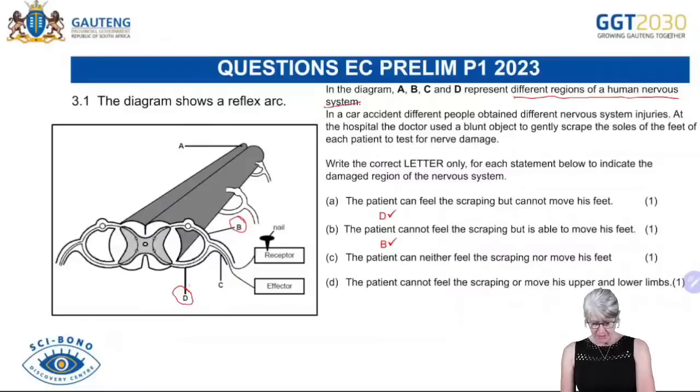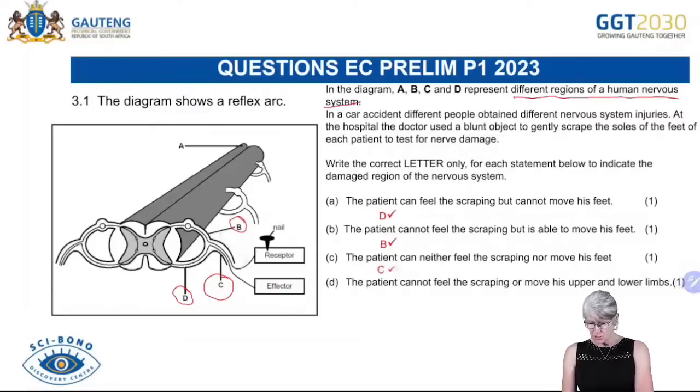All right, so if we have a look at this part C, we see that it is a nerve, actually, because the motor neuron and the sensory neuron are combined into that nerve. So the part that would be damaged, because he can't feel the scraping and he can't move his foot, would be part C.